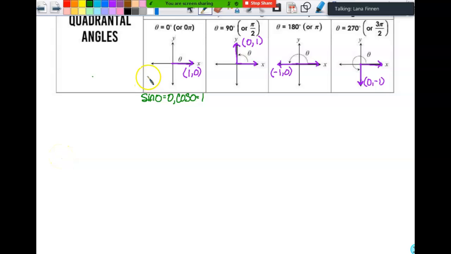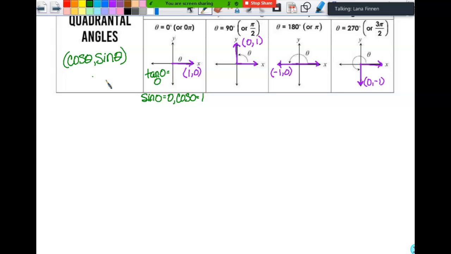Then what is the tangent of 0? 0. Because I put 0 over 1, right? My ordered pairs are always cosine theta, sine theta. We have written that at least once, probably more than once, every single day for almost a week. And so hopefully you got that nailed down now.